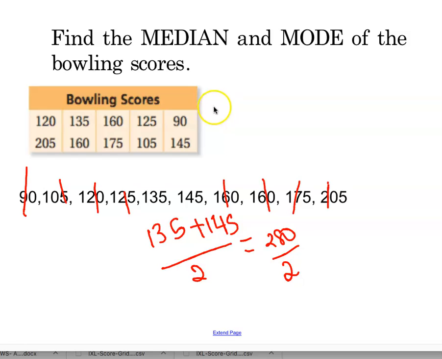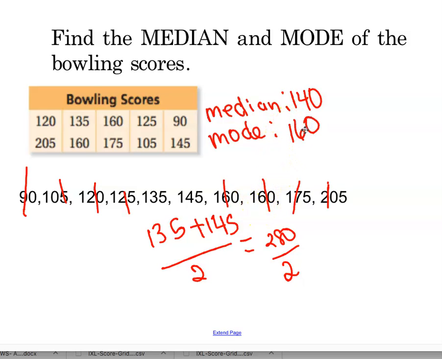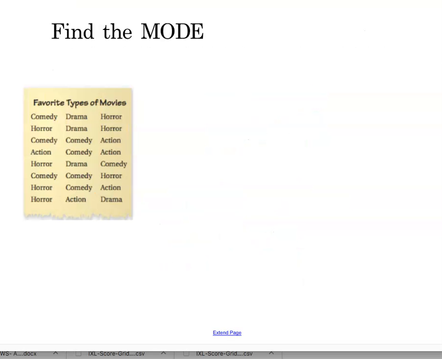So the median in this case is 140. And then the mode is easy because the mode is the one that occurs the most. So I just look at my data points and I see that the mode would be 160 because it occurred twice. Mode is the only measure that you can use for non-numerical data.